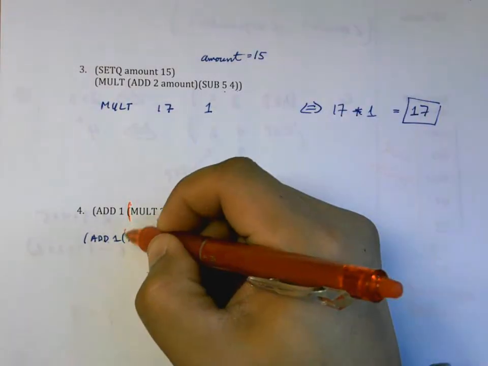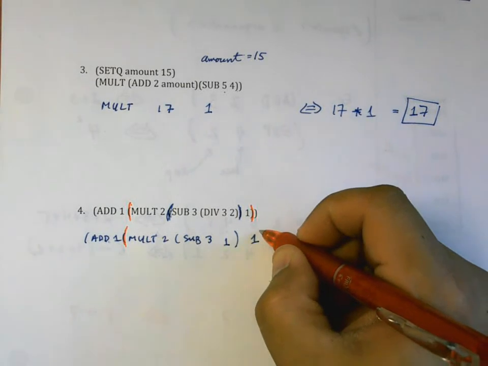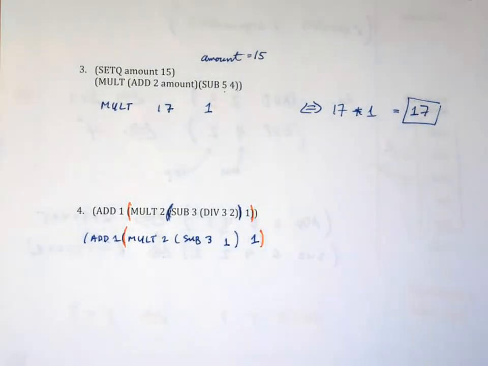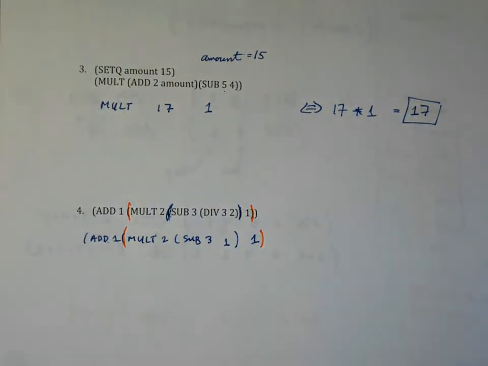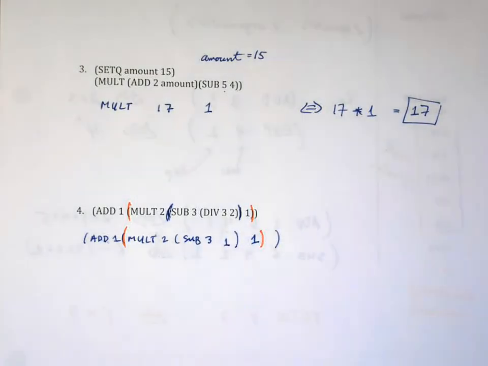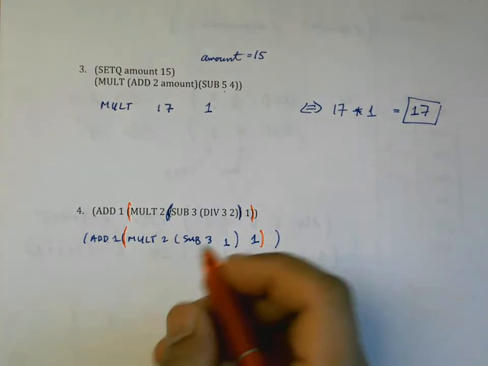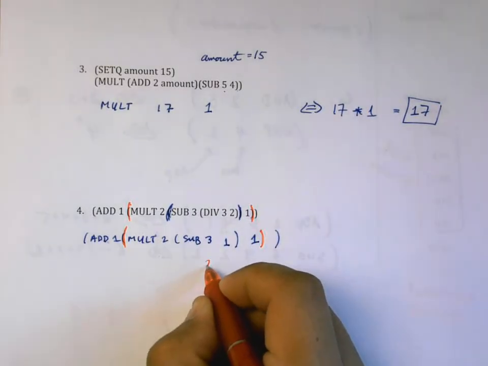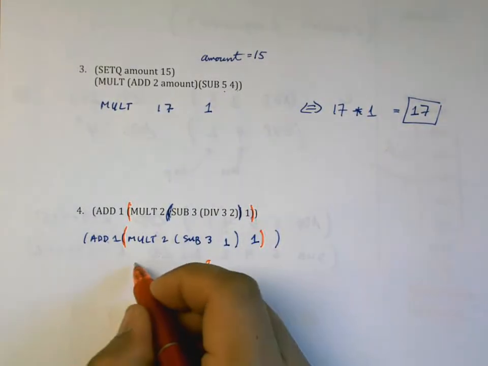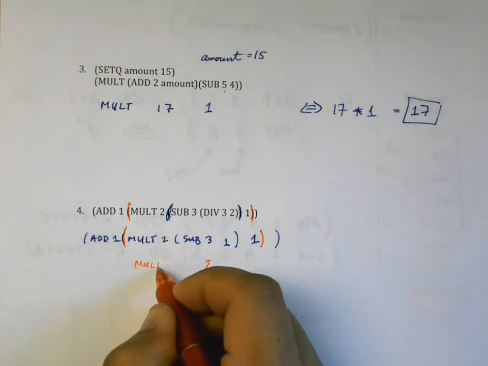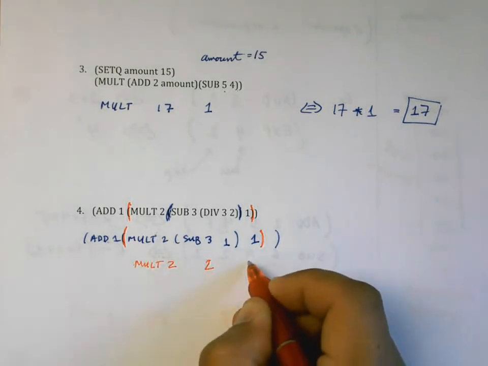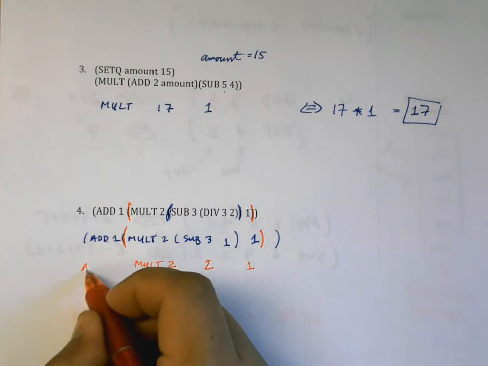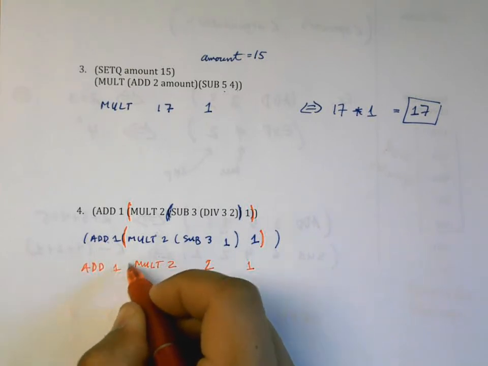Continuing on, 3 minus 1 is 2. Now you have multiply 2 by 1, and then adding 1 to that. This whole thing gives you 4.